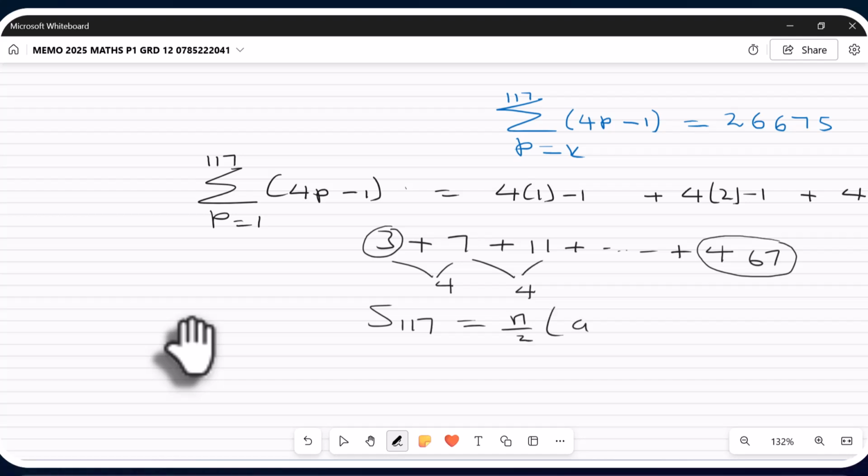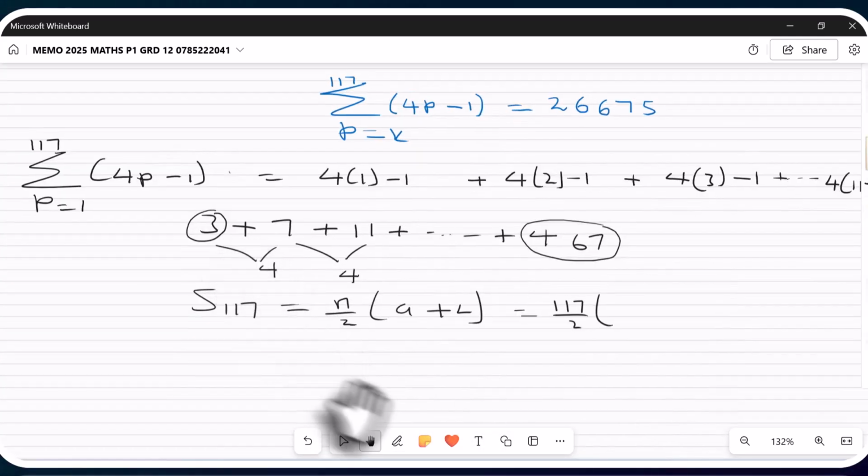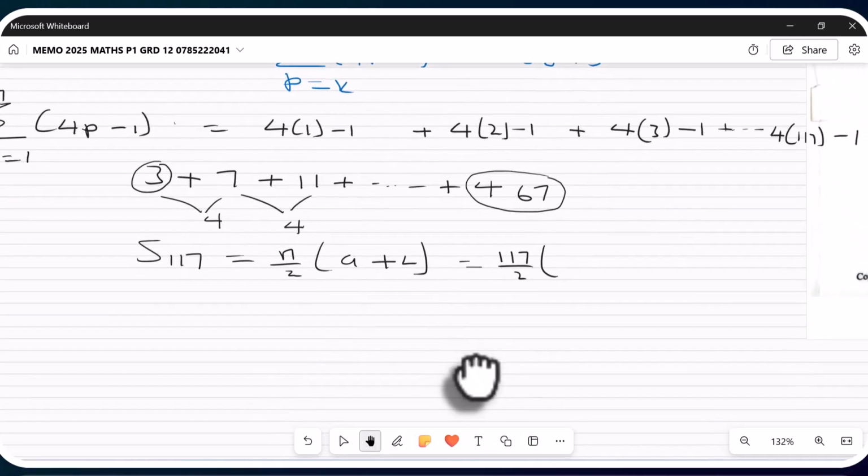This is the sum of all the terms from the first term, that is t equals 1, until 117. Now in my question, they gave me a portion of the sum of the terms, which is 26675.